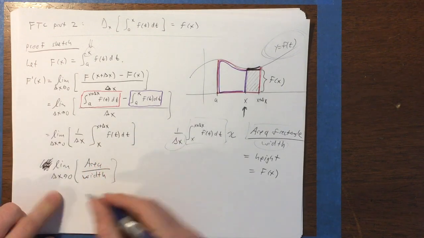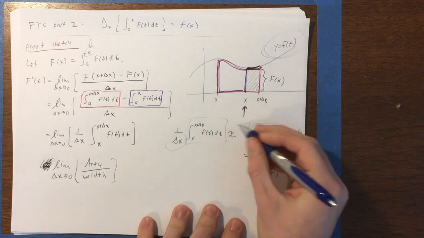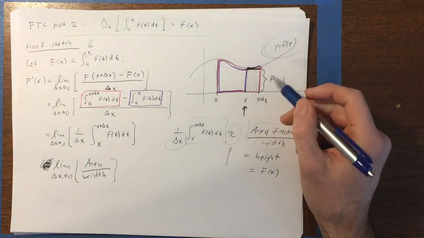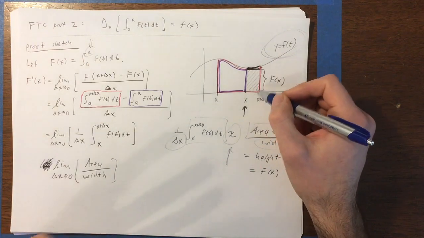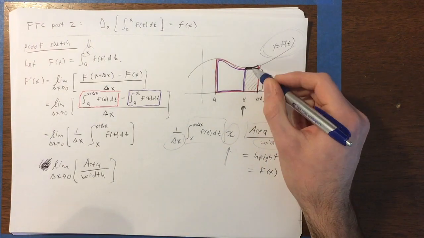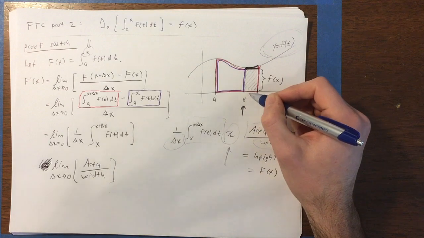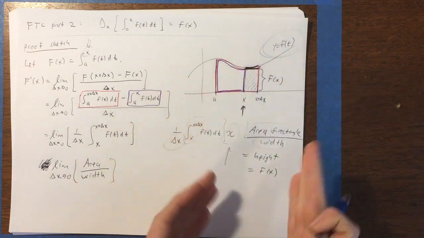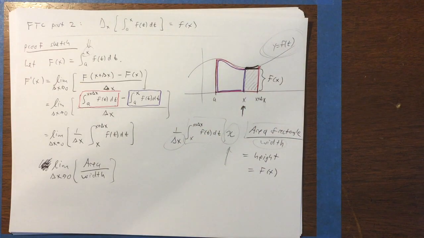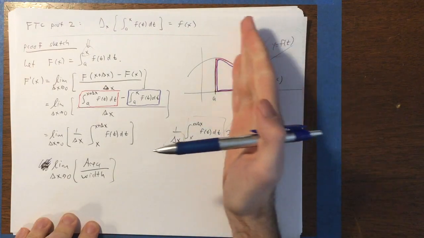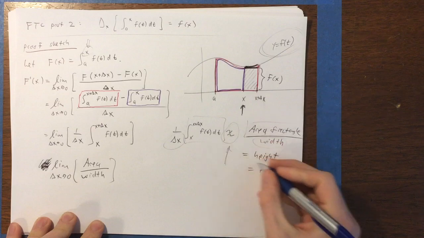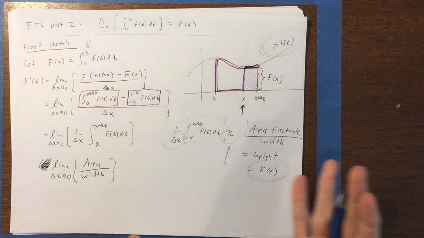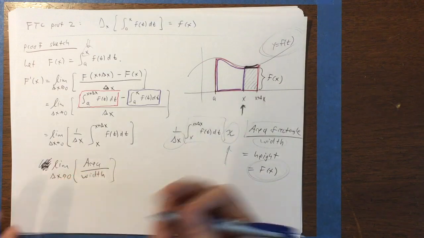As we take the limit as delta x approaches 0, the approximation gets better and better, because the difference between the actual area and the area of the rectangle we're using to approximate it gets smaller and smaller. So the approximation that this is approximately equal to f of x just gets better and better until it's perfect.